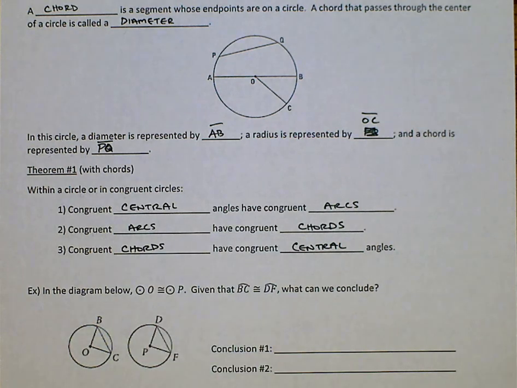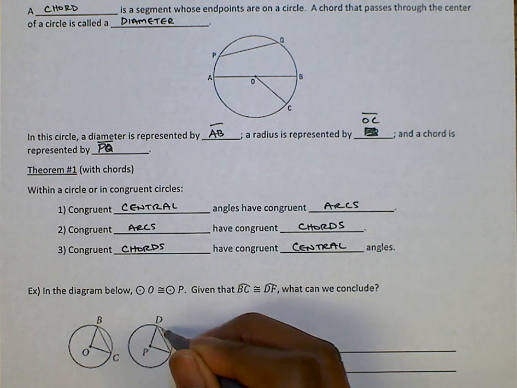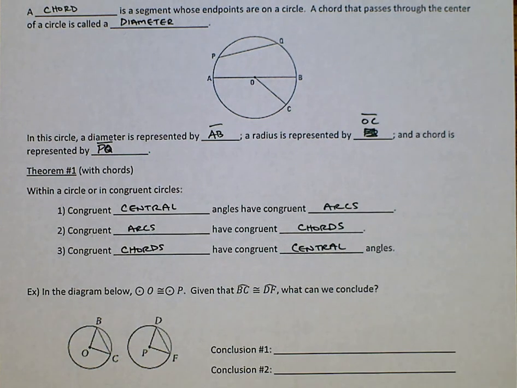So in the diagram below, we have circle O congruent to circle P. Given that arc BC is congruent to arc DF, what can we conclude? They're saying these two arcs are the same. Based on this theorem, we conclude two things. First, their central angles have to be the same.